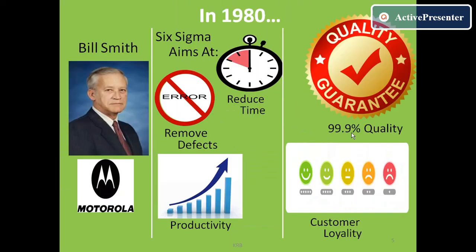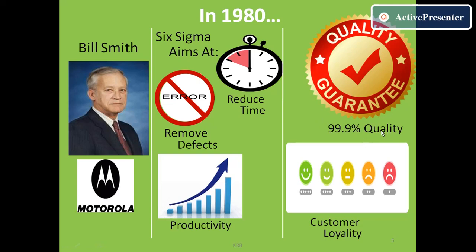Six Sigma was formed in 1980 by Bill Smith at Motorola, and it aims at reducing time, that is meeting the deadline, removing the defects or errors, and increasing productivity. The goal is to achieve the highest product quality, and by using the Six Sigma concept, 99.9% product quality can be achieved.